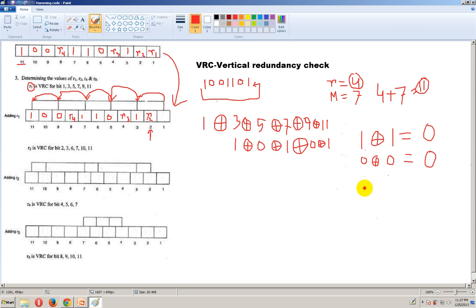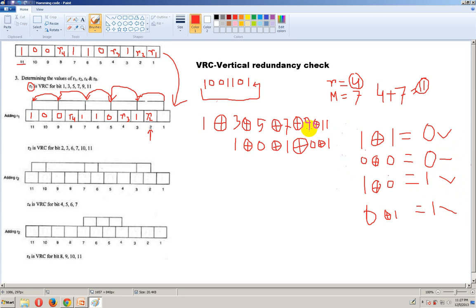Then 1 exclusive OR 0 should equal 1. And 0 exclusive OR 1 equals 1, right? So these are the rules. You can also call this the law they set. I don't know how they derived it, and I'm not going to teach you how they got it, I only know a little bit.